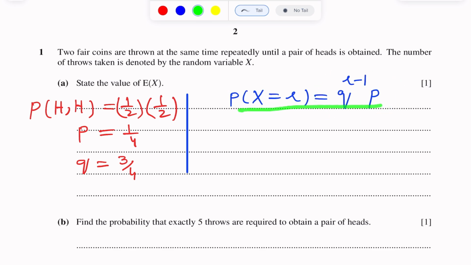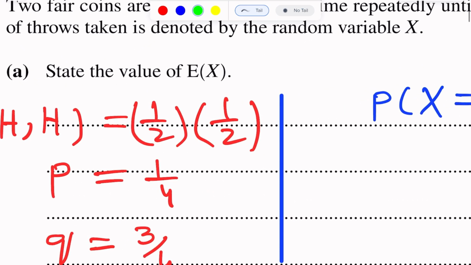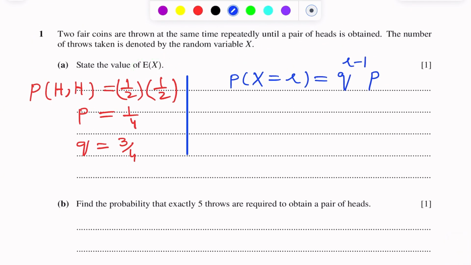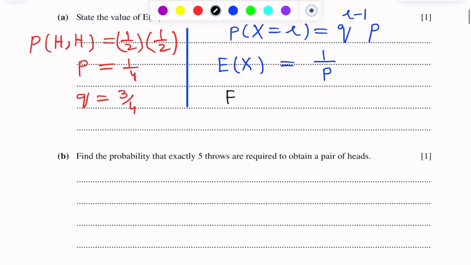Now, in geometric distribution, we have to find the value of E(x). E(x) shows the expected value of x, the mean of x. The formula is 1 over p. Putting the value of p as 1 over 4, E(x) will become 1 over 1 over 4.